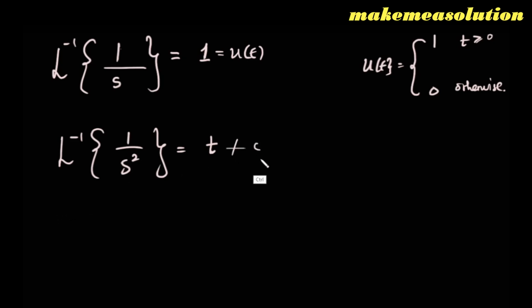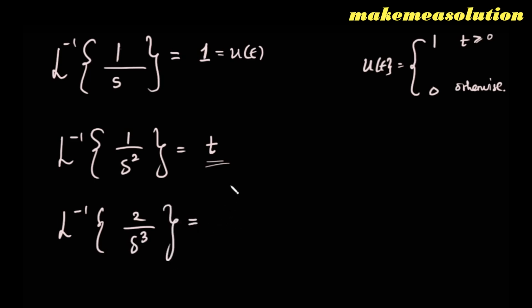For those of you who are thinking that there will be a plus constant of integration, the Laplace transform does not have any constant. It just gives you the function directly.